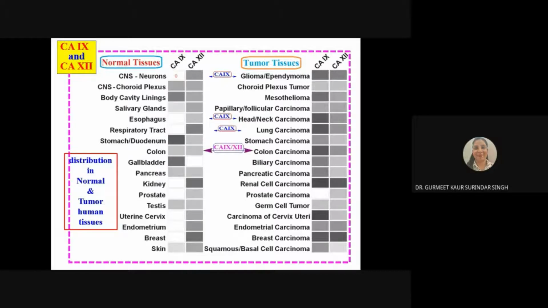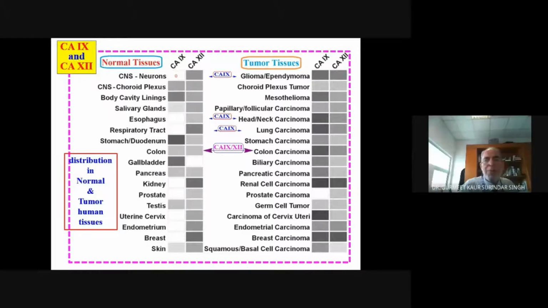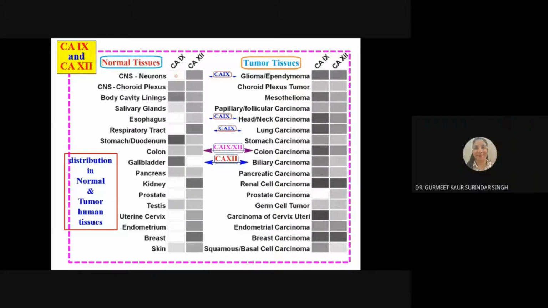And on the colon cancer, carbonic anhydrase 9 is expressed to some extent on the normal tissues, but highly expressed on the solid tumor, same like carbonic anhydrase 12. And so it could be considered to some extent suitable for combating colon carcinoma. And the same could be seen for carbonic anhydrase 12.